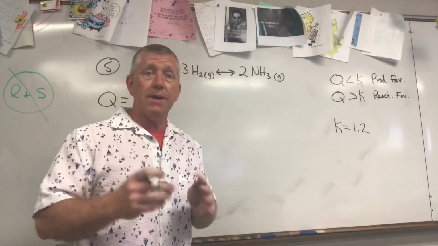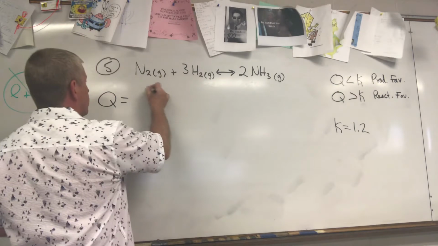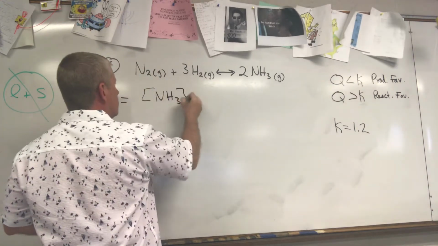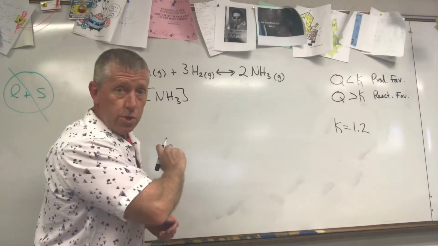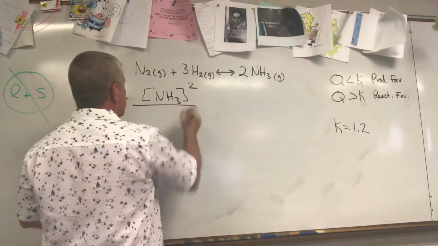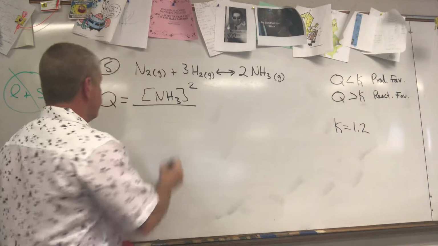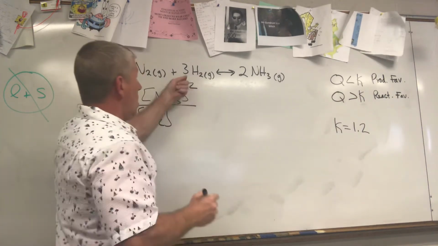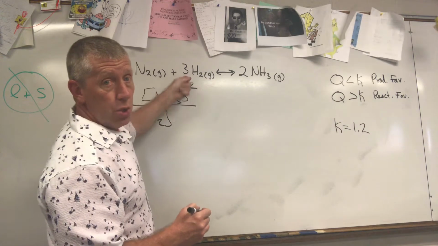I'm going to write this as a concentration. So NH3 squared, exponent 2. Okay, nitrogen, hydrogen, oh, cubed, that 3's a cube.